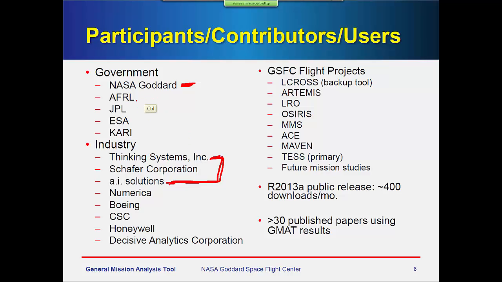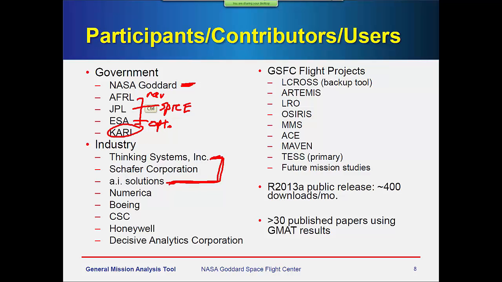And then others. So AFRL, JPL, ESA have all contributed features. AFRL started with navigation stuff. JPL did SPICE work. So I'll just write nav, SPICE. And then ESA did some optimization plugins.